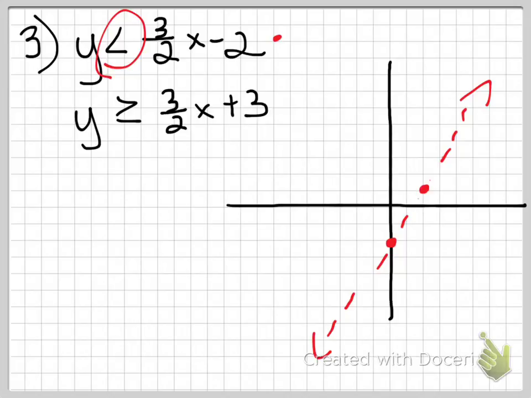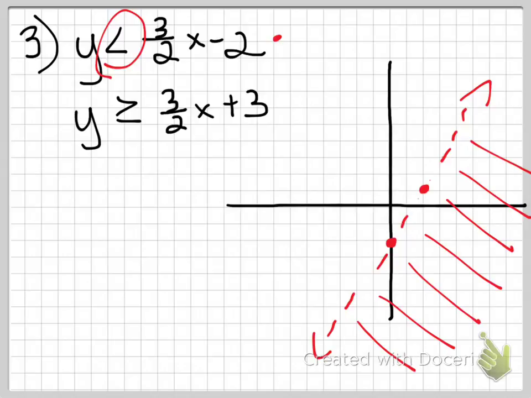Now it's less than, so that means I'm going to shade below the line. And if you're ever confused with what's above and what's below, you can always utilize a test point. I truly don't use it very often, but you can.